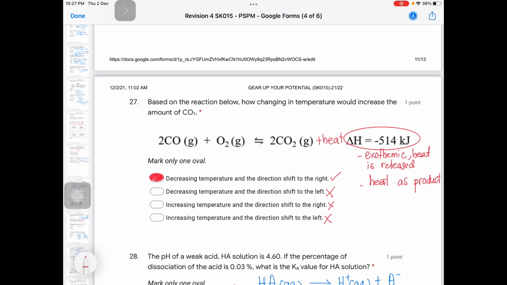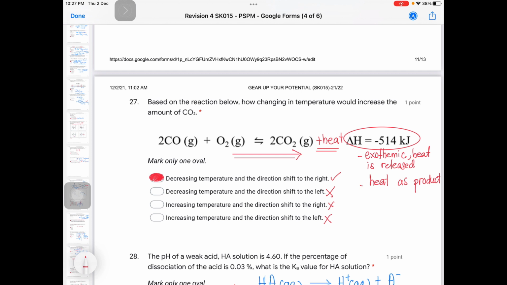Jadi kita letakkan heat sebagai produk. So kita nak meningkatkan amount of CO2, meaning that kita nak position shift ke arah kanan. Shift to the right. So decrease the temperature, kita kurangkan heat, so they shift to the right.